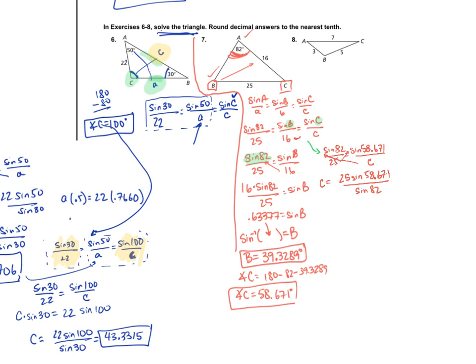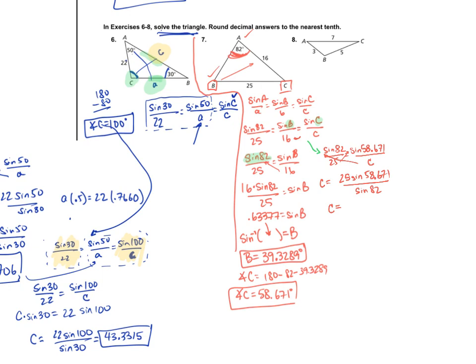I will pause, take a look, make sure you see what I did there. Practice this cross multiplication, make sure you got it down, because some of you, that's where your questions are. Again, c times this, 25 times that. If it helps you to change these to decimals right now, that's okay.